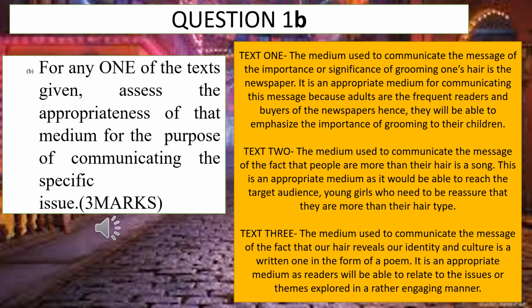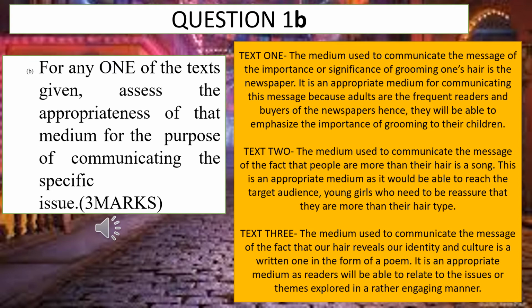Examine question 1B. I know that question 1A was a mouthful, but let us look at what question 1B requires. For any one of the texts given, that means any one, you can choose text number 1, text number 2, or text number 3, assess the appropriateness of that medium for the purpose of communicating the specific issue. As you know, there are different mediums whereby we communicate.